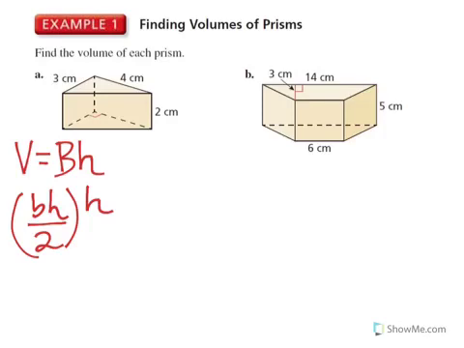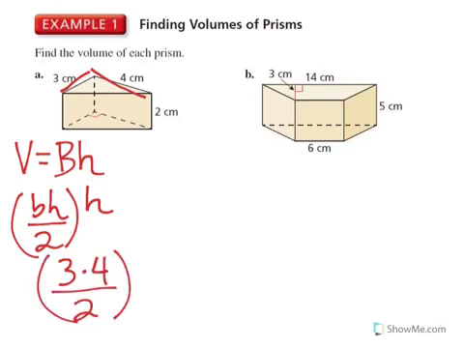Our triangle over here, our base and our height is 3 and 4. So I have 3 times 4, and that's all divided by 2. And then I'm going to multiply it times the height of the prism. And the height of the prism is the distance between the two bases. So times 2. So if we do that, 3 times 4 is 12.